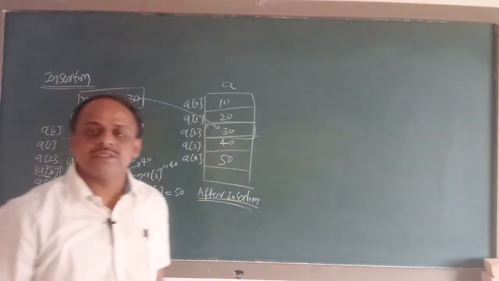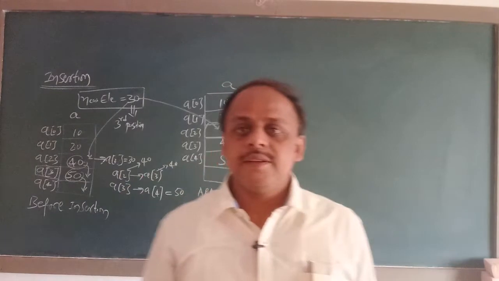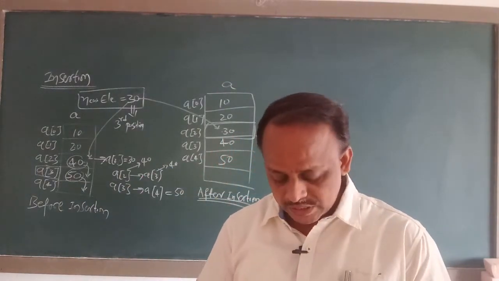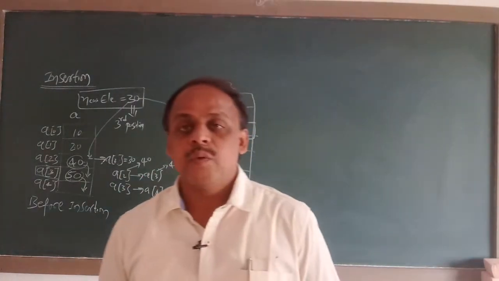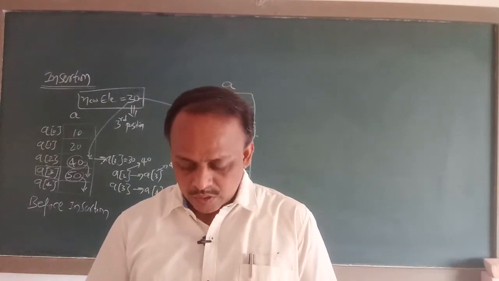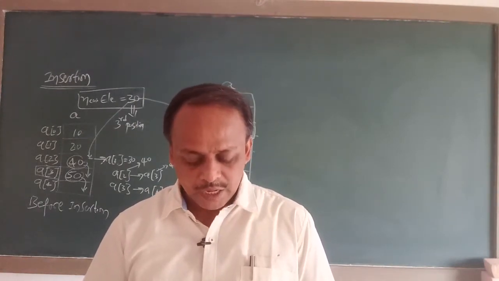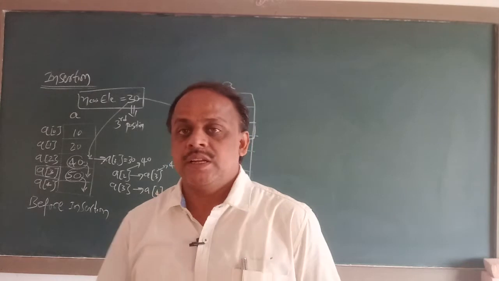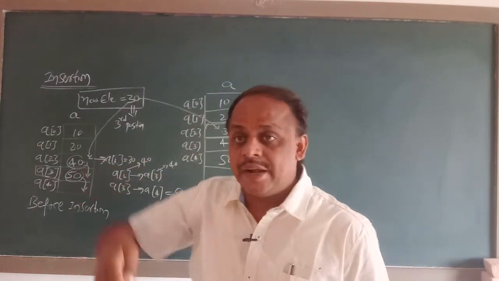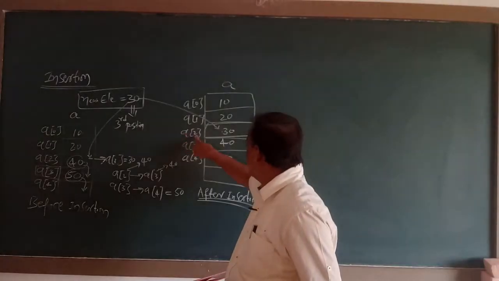After insertion means simple thing, what we have to do means we have to enter a new element into the array, means he says all the elements from the asked position, means where we have to add a new element, we have to add a new element into A2, right?